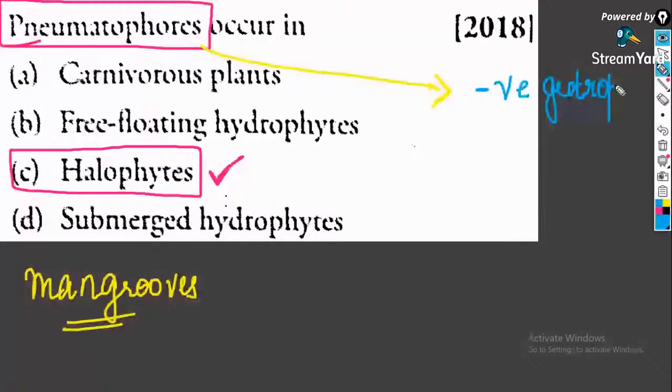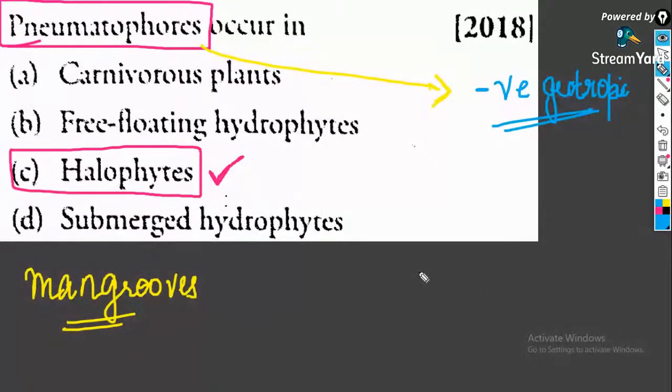At that time also somebody told me the answer that pneumatophores are negatively geotropic. That is, these are the roots having lenticels. A type of lenticels is present in these pneumatophores. Lenticels are generally present in the old woody stems, right? So a type of lenticels is present in the pneumatophores also.